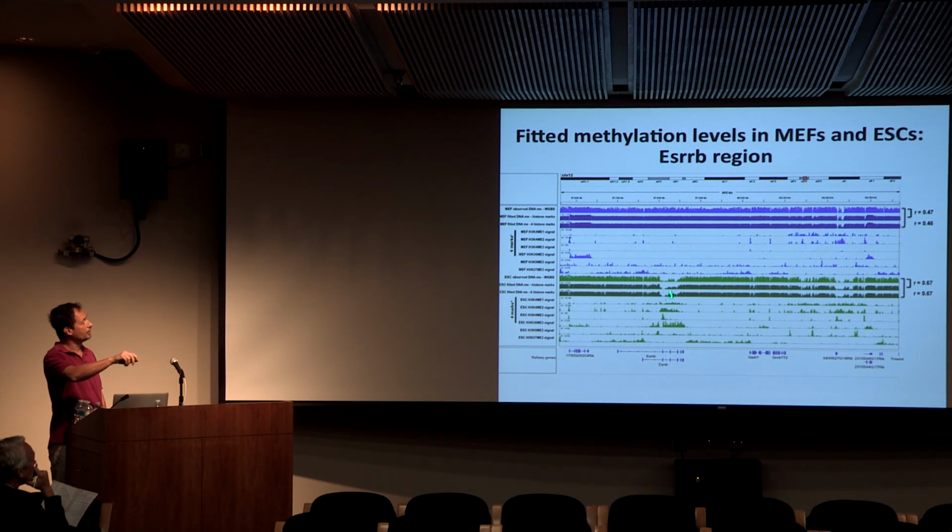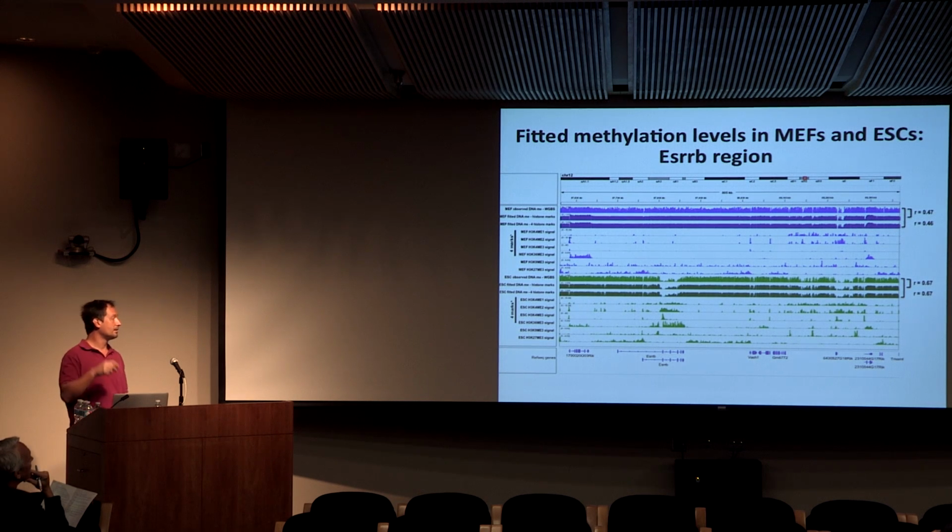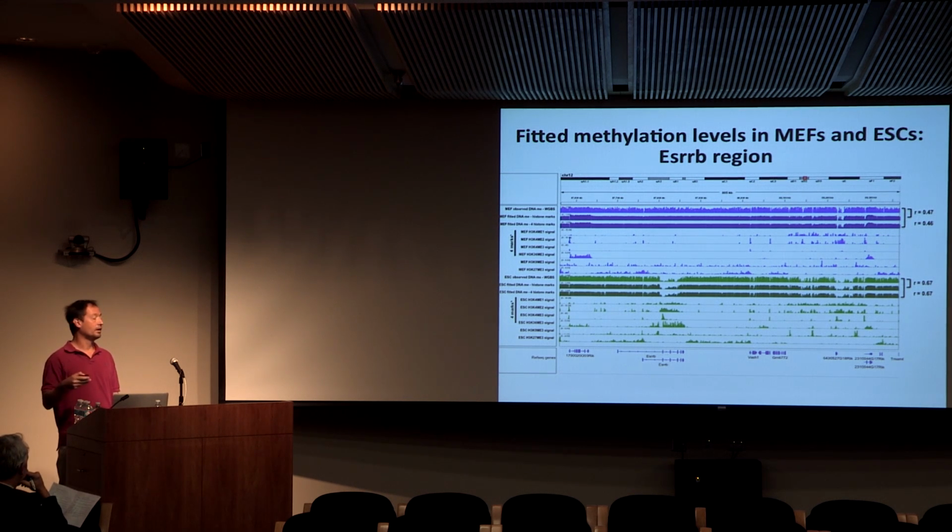And this is the predicted DNA methylation just using the K4 and K36 marks. And to an untrained eye, these two signals look essentially identical. So this is saying that by and large, even in mammalian cells, the DNA methylation is reading off the presence of these K4 and K36 marks in the cell.